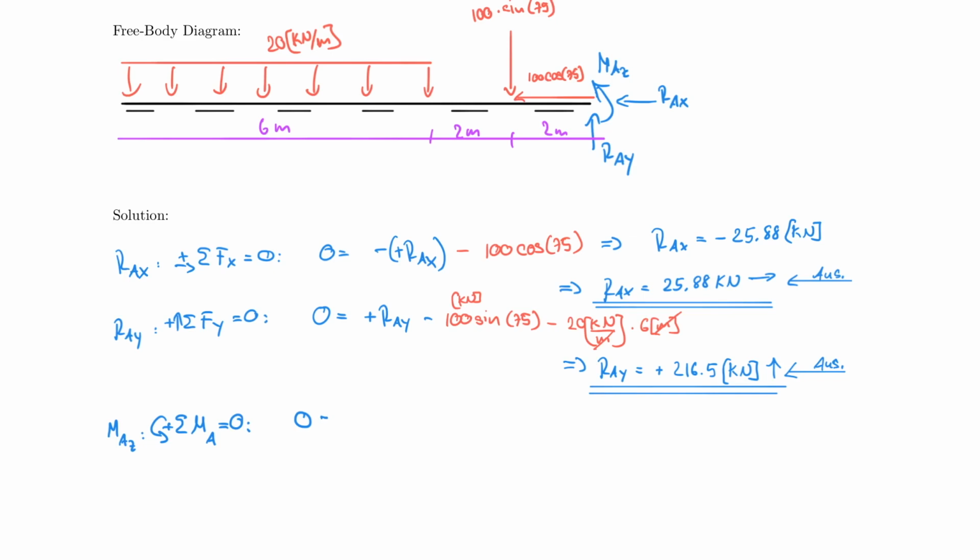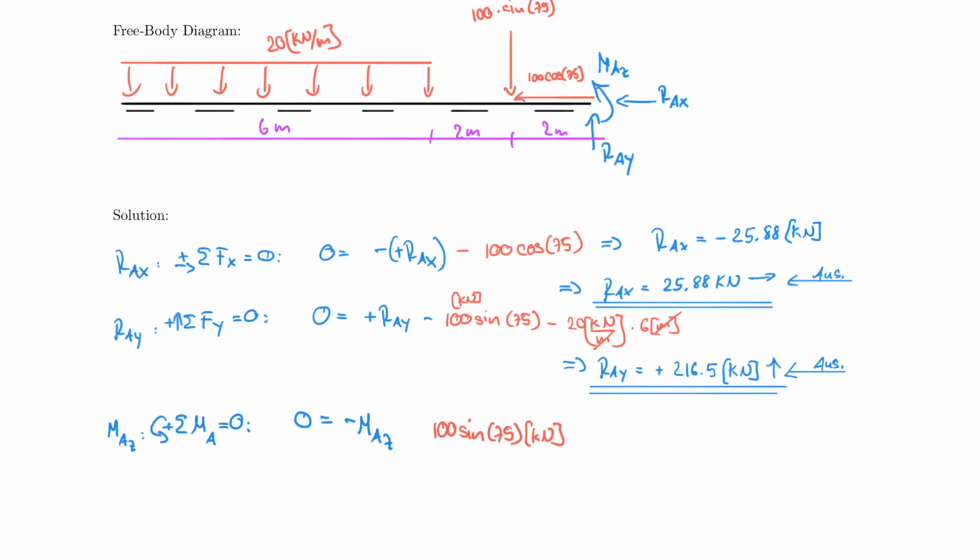So I start with my unknown, which turns clockwise. That makes it negative. So minus MA about the z-axis. And let's start with the 100 sine 75. So 100 times sine 75, which of course is in kilonewton.